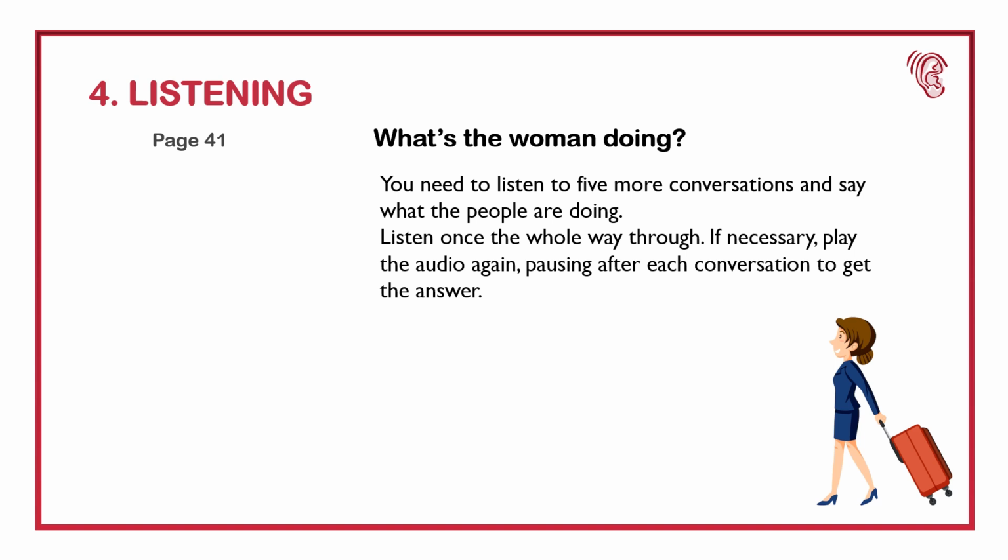If necessary, play the audio again, pausing after each conversation to get the answer. So that means you listen to the whole thing, to all the 5 conversations once, and if you need to listen more, you can listen again, but this time pause after each conversation to get the answer and write it down.